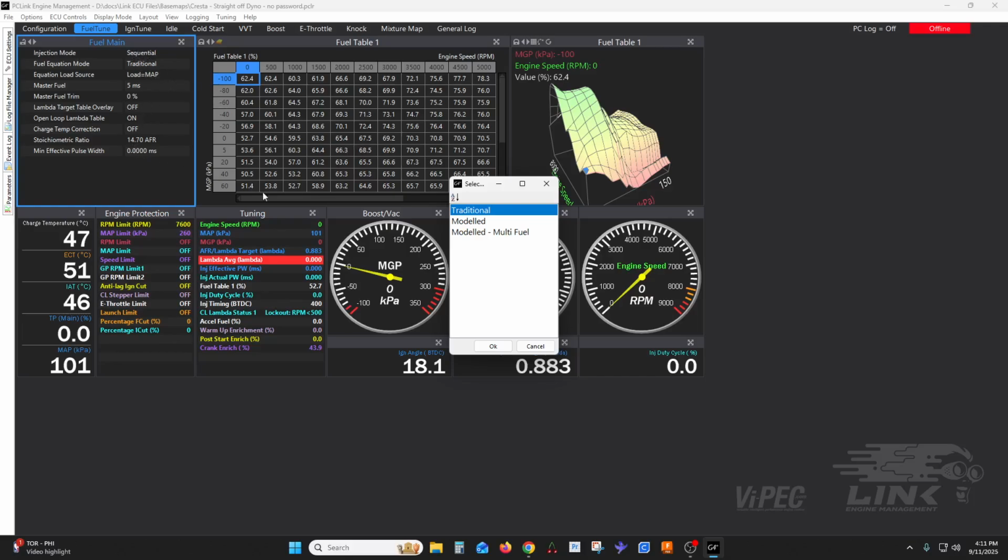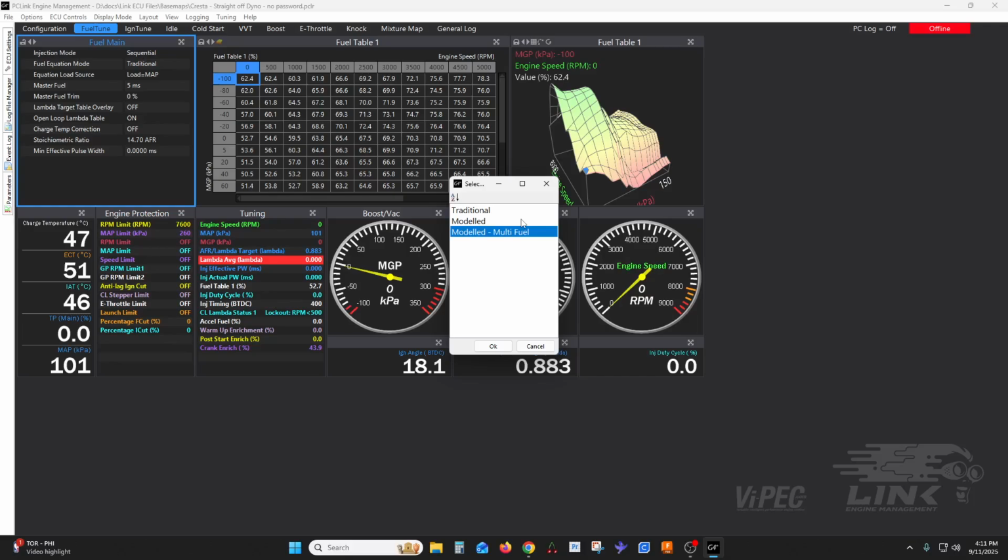So we won't get too much into that now. Modeled, and modeled multi-fuel. Modeled multi-fuel is a modeled equation that is for both petrol and for E85.